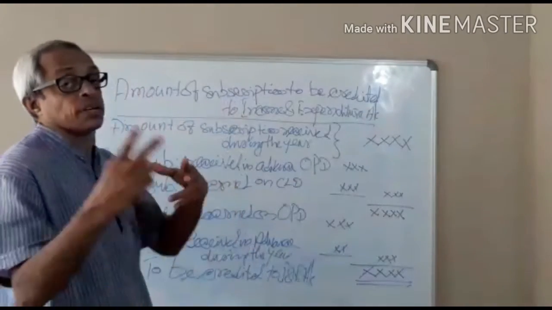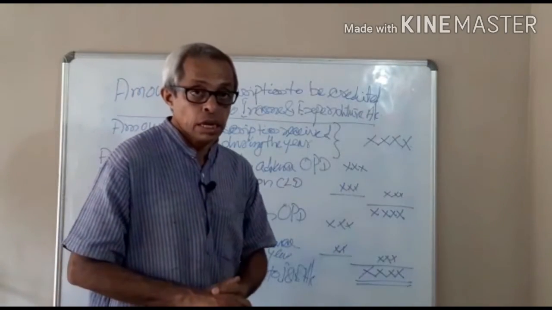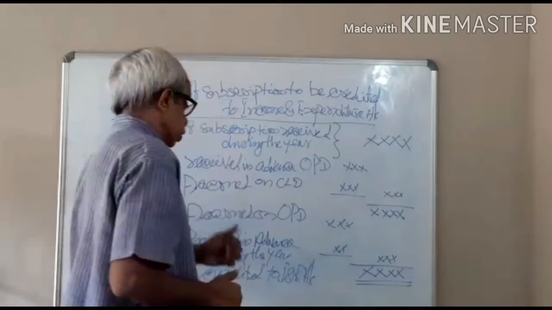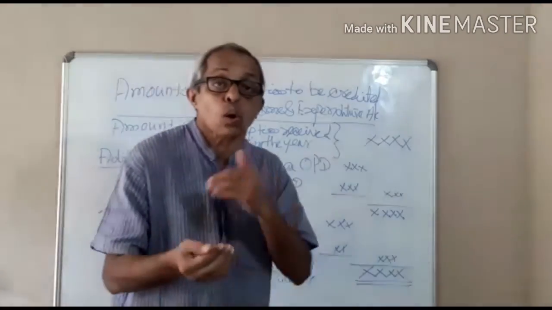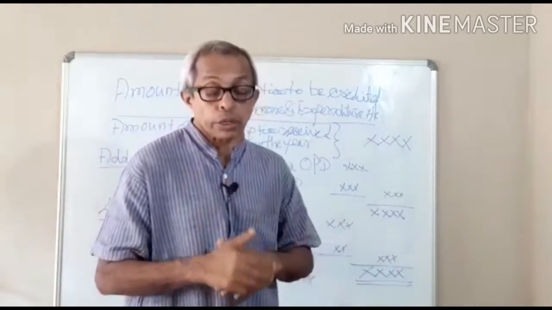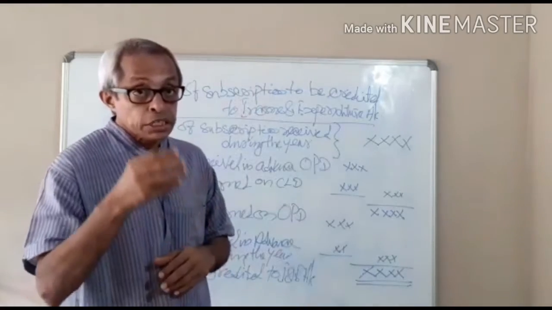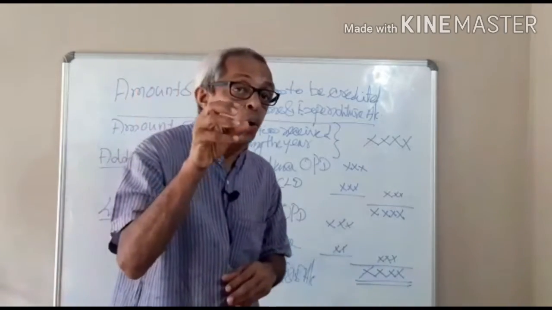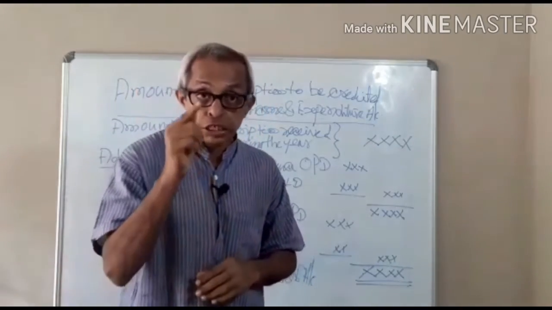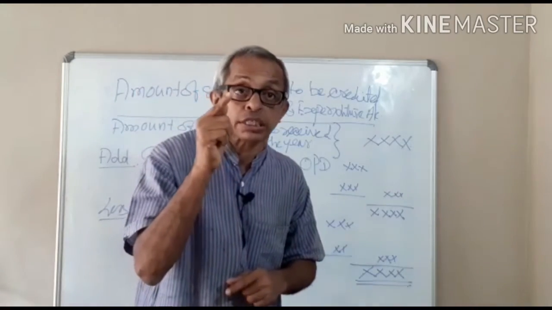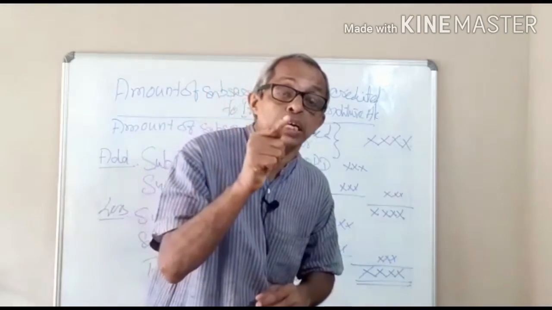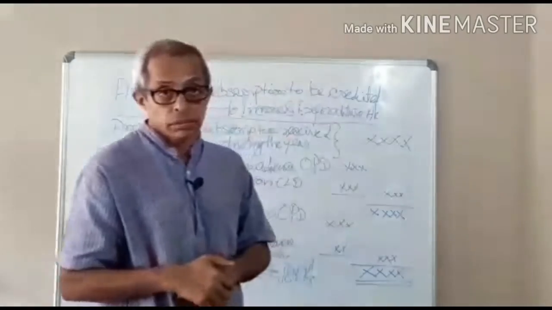And the next two figures should be deducted. And that is subscription accrued on opening date. Subscription accrued on opening date means subscription outstanding on the closing date of the previous year.